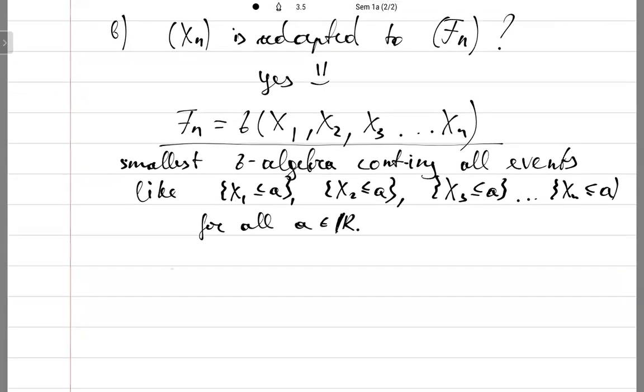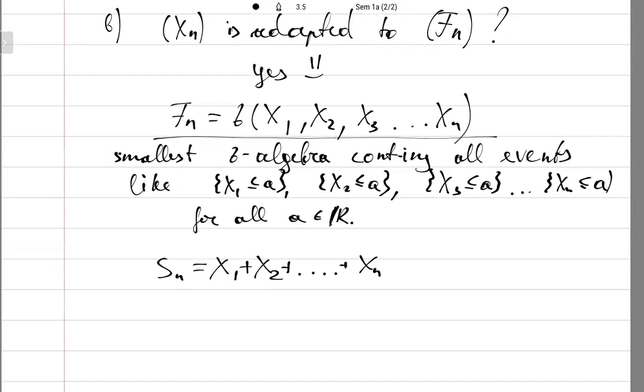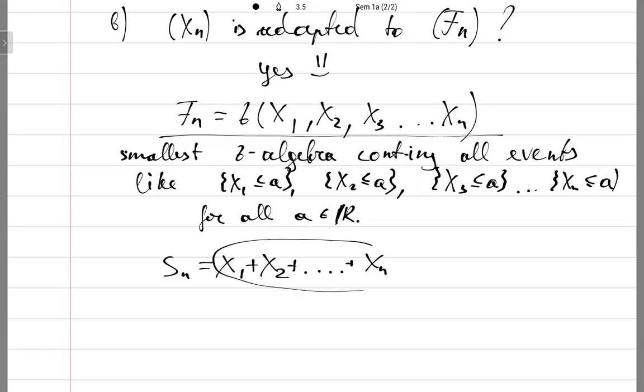And if you observe that Sn is just the sum of them, basically, if you know X1, X2, X3, and so on, then you have enough information to calculate Sn. So Sn is adapted to Fn, because in Fn you have enough information to calculate every value of X1, X2, Xn. But if you can calculate every value of X1, X2, Xn, then you know the sum.